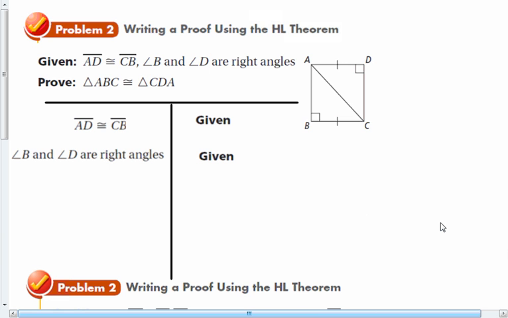Okay, now that we have the givens, we're going to say that since angle B and angle D are right angles, triangle ABC and triangle CDA are right triangles.